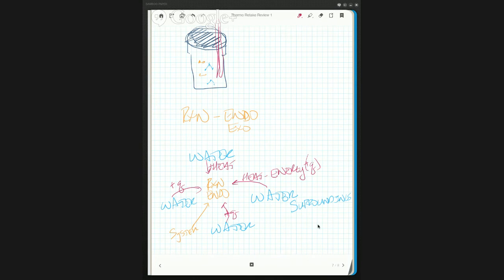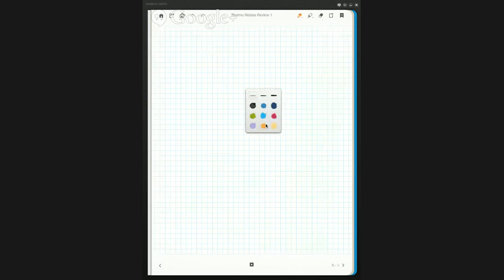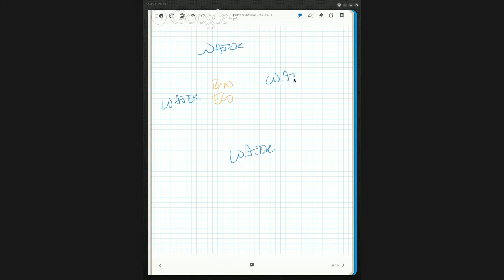Now, the other side of this is, oh my goodness, I didn't give myself enough space. If your reaction is exothermic, and the water's all around, in this situation, the heat is coming out from the reaction to the water.